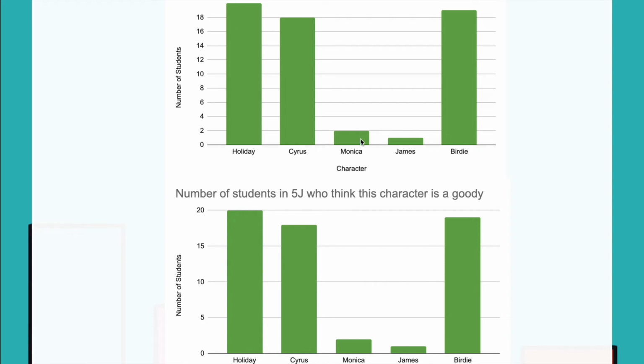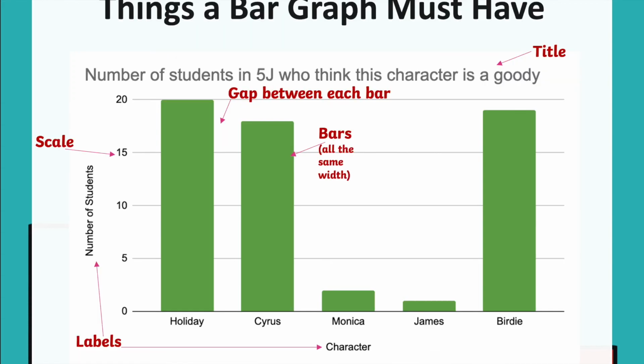And some scales are going to make your graph easier to read than others. So for instance, looking at this graph, it might be a little bit difficult to see exactly how many students thought Monica was a goodie. But if I use this scale, it's very clear that it was 2 students that thought she was a goodie. So the scale you use is up to you. It's to make your graph easier to draw and also easier to read.